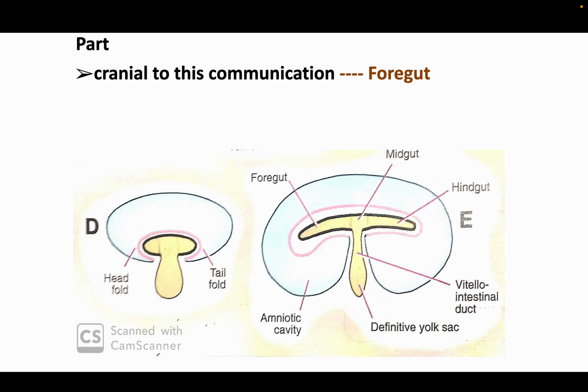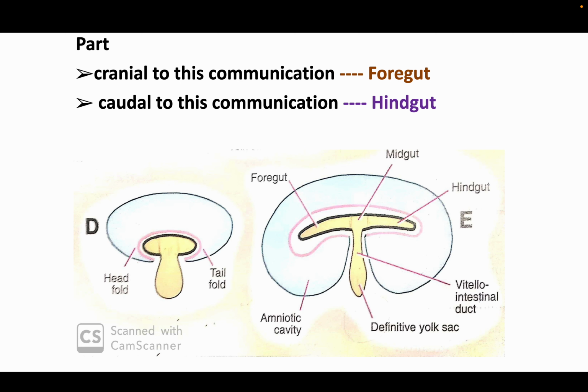Cranial to the communication of this vitello-intestinal duct to the gut portion, that forms the foregut. Caudal to this communication is the hindgut, and the intervening part is known as the midgut. This is the knowledge which you must know from your general embryology.